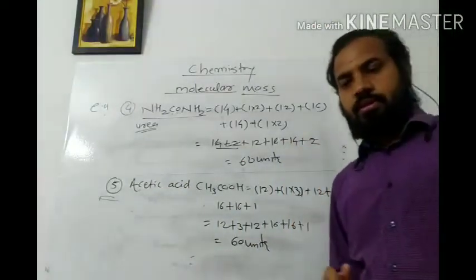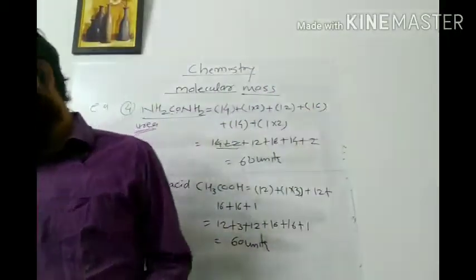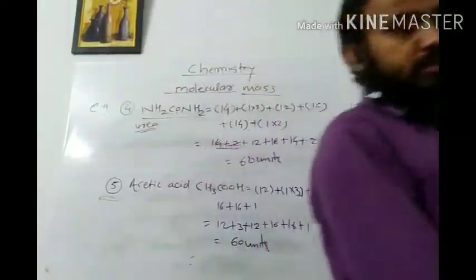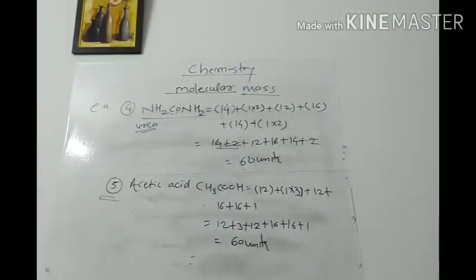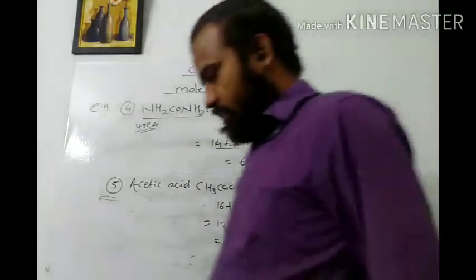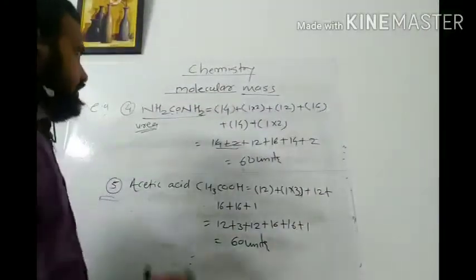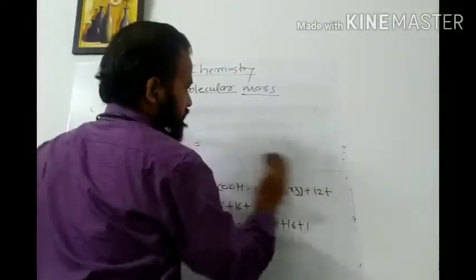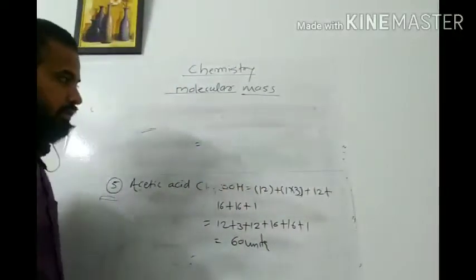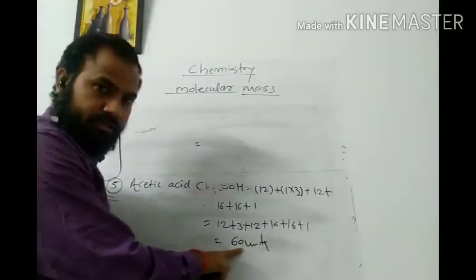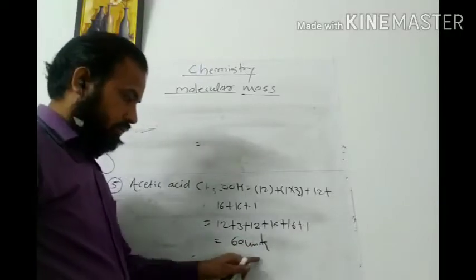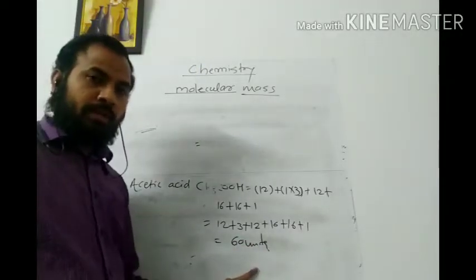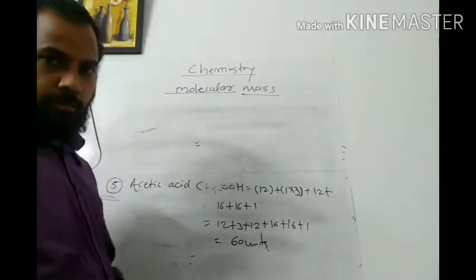Then after this we are going to discuss the next term which is correlated with this, that is gram molecular mass. Basically, gram molecular mass is nothing but molecular mass, but when we mention it in the unit gram. Instead of unit, if I mention this molecular mass in gram, it becomes gram molecular mass.